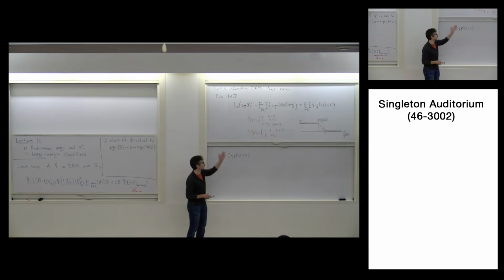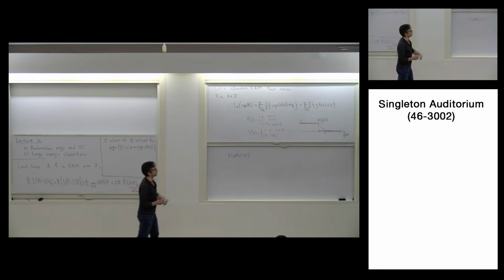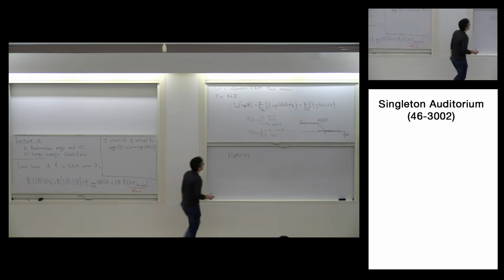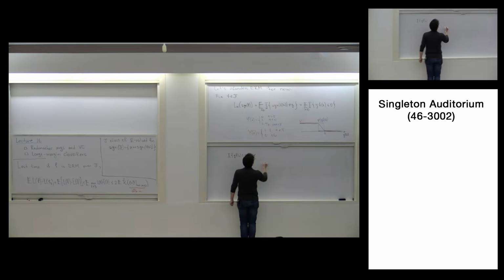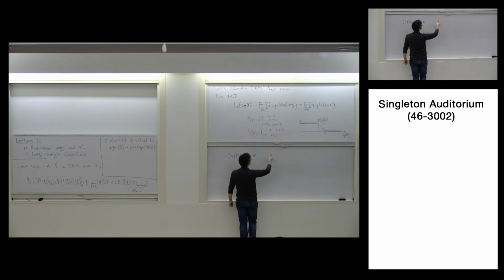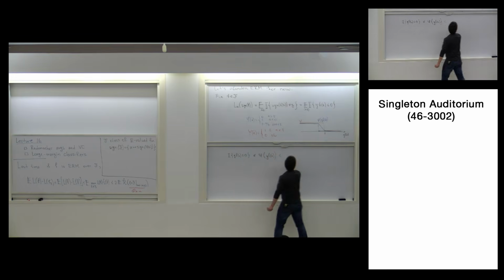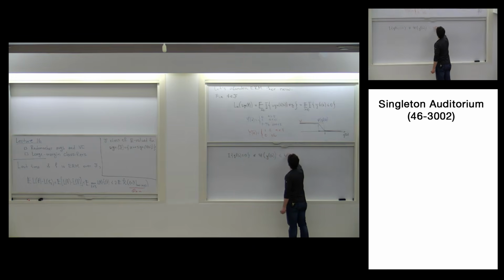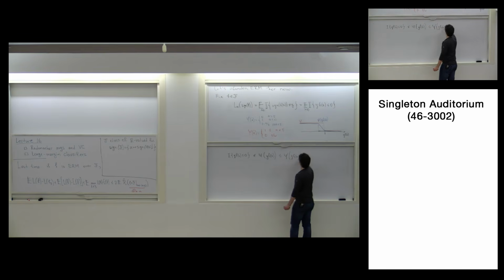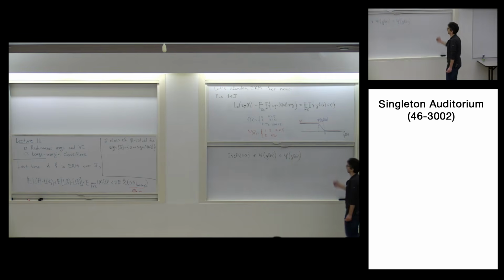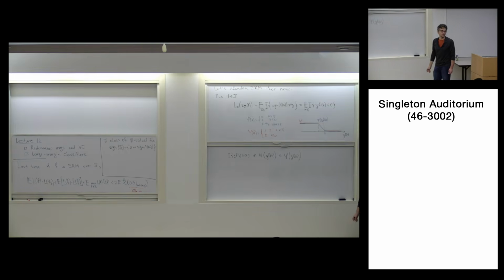I don't necessarily care about other functions out of sample. This is upper bounded by the blue one, the phi of y f of x, and that's upper bounded by psi of y f of x. And that's true for every y f of x.